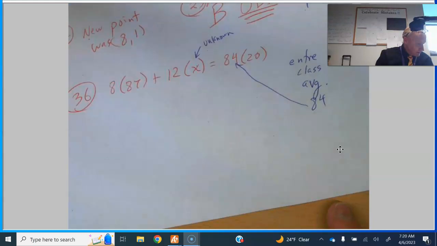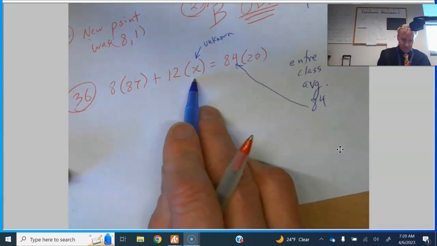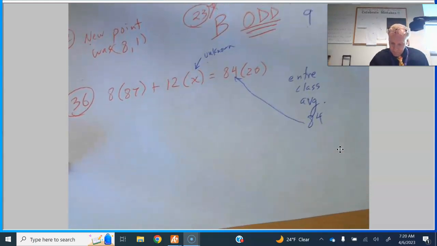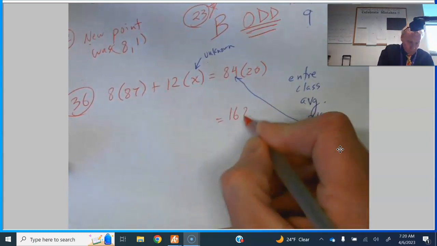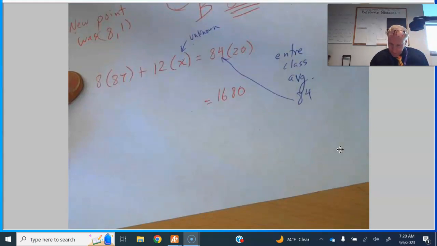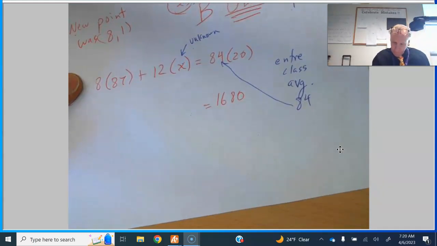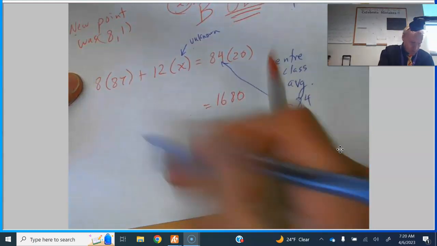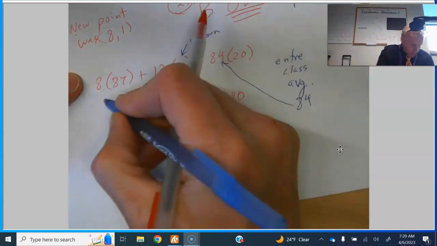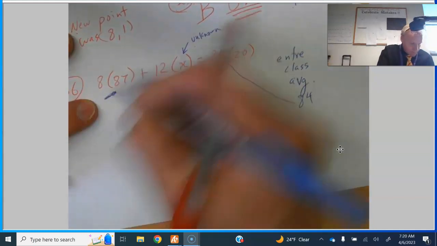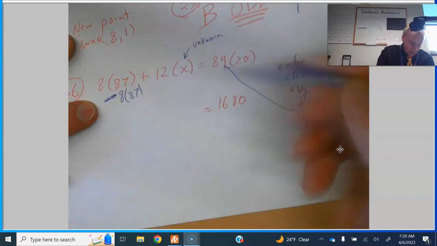It says, what is the average score for the remaining 12 students, which is this guy. So I'm going to take my 84 times 20. 1680. 8 times 87, I'm going to subtract the 8 times 87, whatever that is.